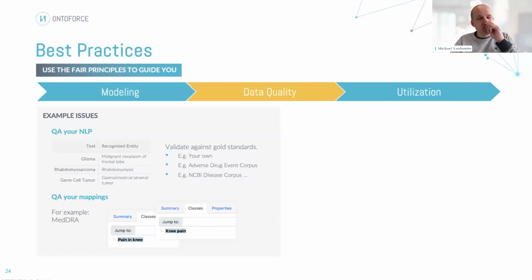Now, on the left here, I want to show two examples of issues that we encountered with customers, issues with data that could lead to wrong conclusions in AI ML. The first one is around NLP, where, when using a certain NLP technology, I'm not going to name the tool here, we came to the conclusion that quite a few diseases are recognized as a wrong disease.